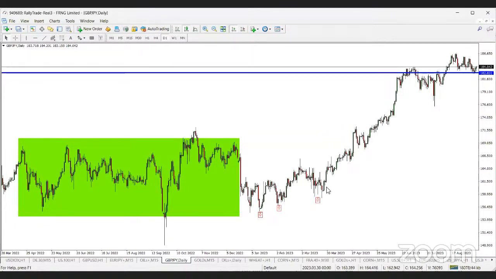This trend is already established as an uptrend. So within the course of January to middle of March, GBP JPY on the daily time frame is identified as an uptrend. Why? I'm going to take that reason on once again. Because it was able to make 3 consecutive higher lows.